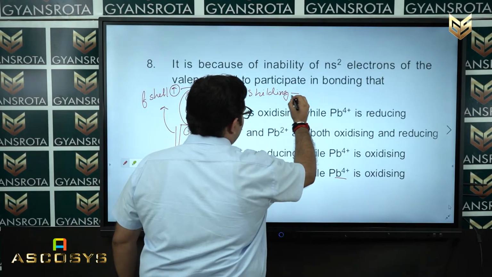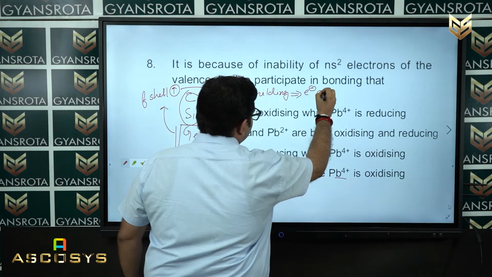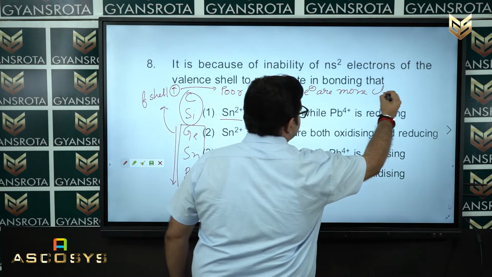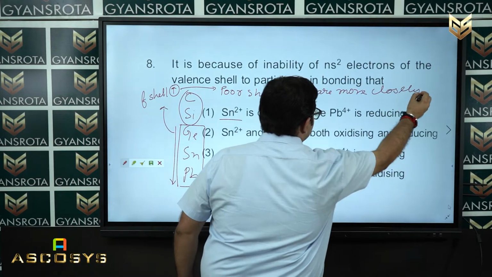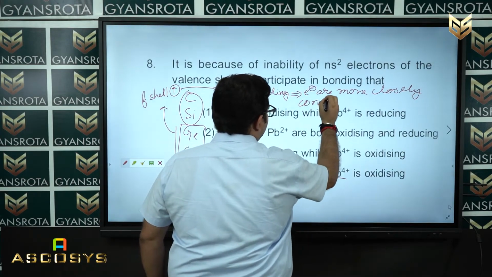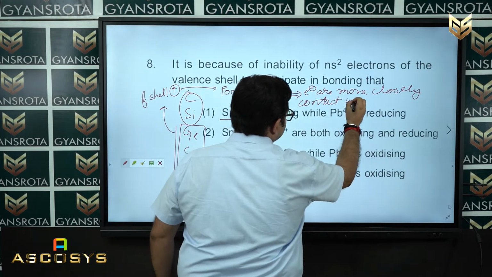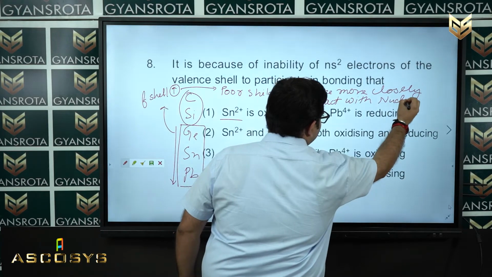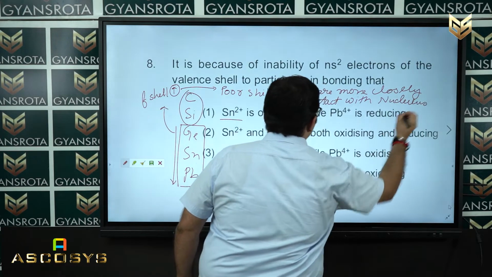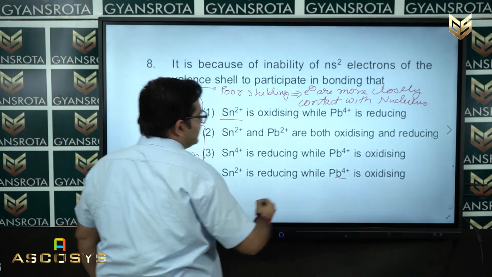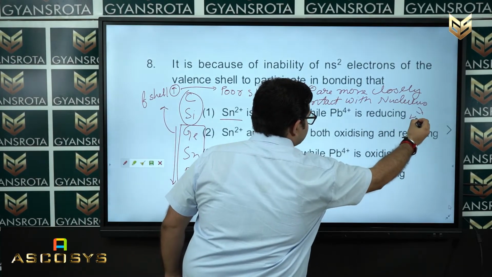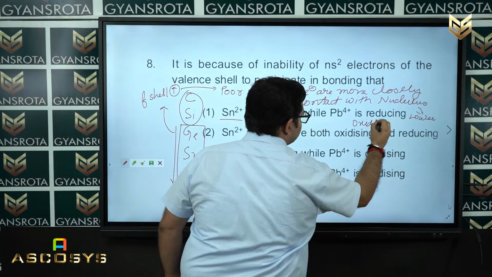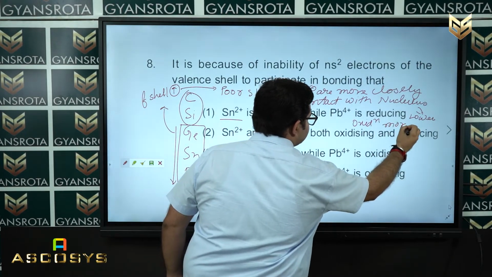Your electrons are more closely in contact with your nucleus. So, as a result, it is very difficult to pull the electrons from the valence shell. So, as a result, the lower oxidation state is more stable.